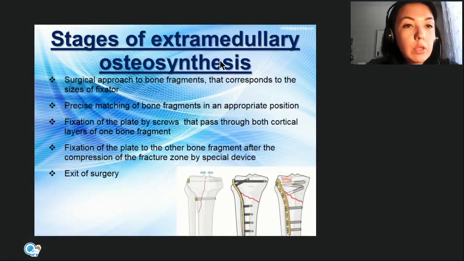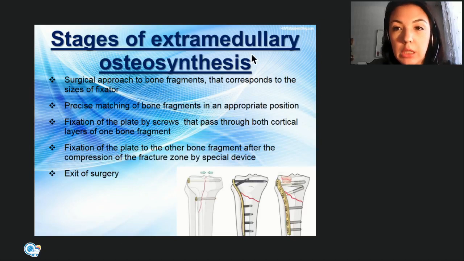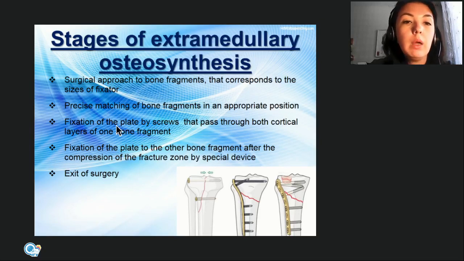What are the stages of extramedullary osteosynthesis? First, it is a surgical approach to bone fragments. Obviously, that corresponds to the sizes of the fixator. Then precise matching of bone fragments in an appropriate position.